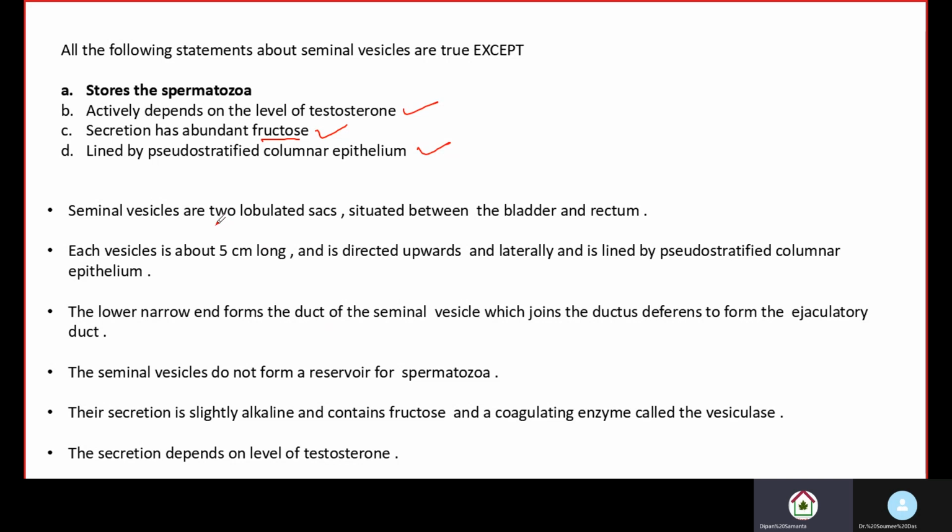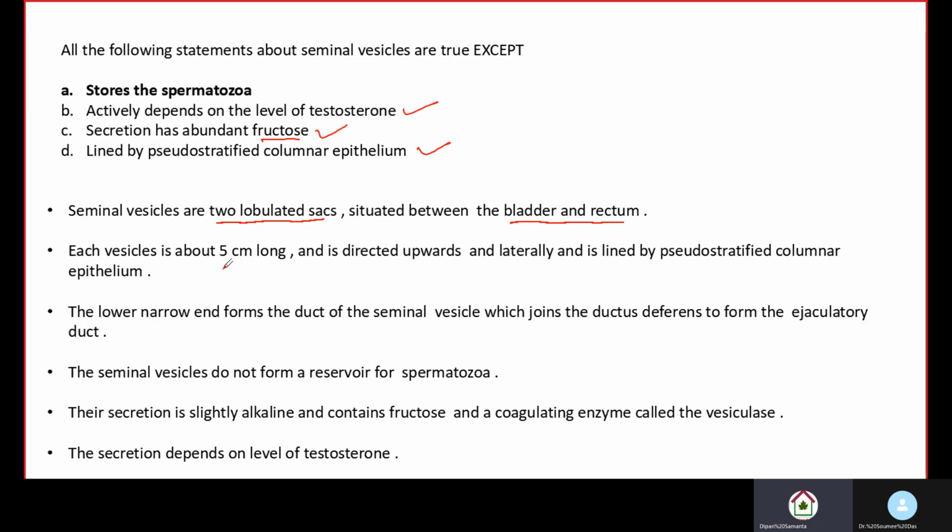So seminal vesicles are two lobulated sacs situated between bladder and rectum.